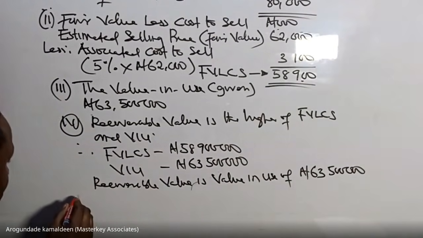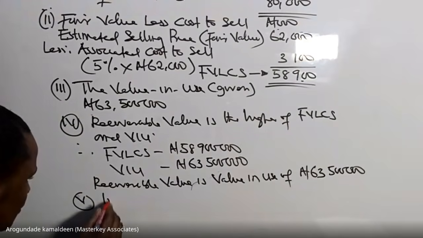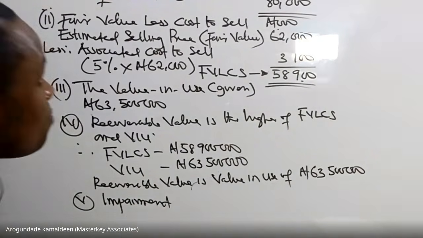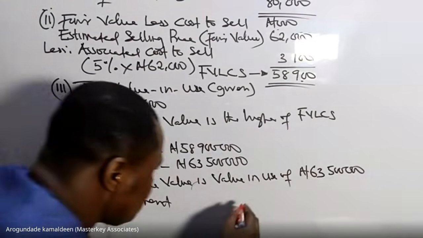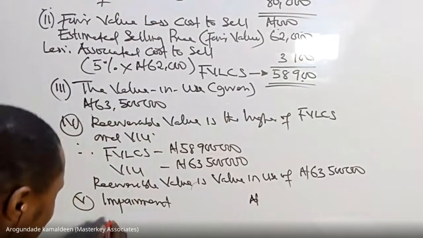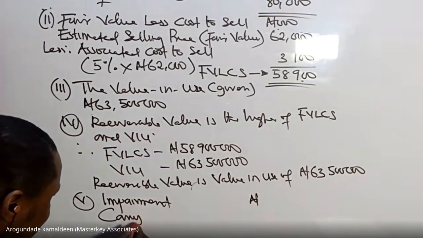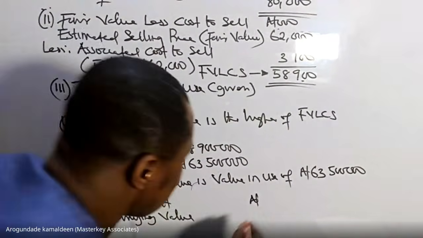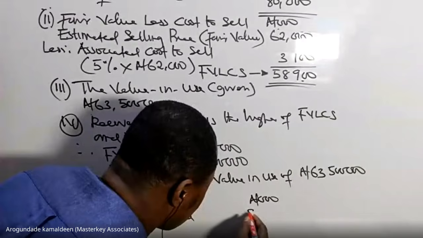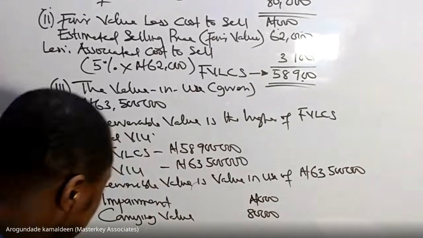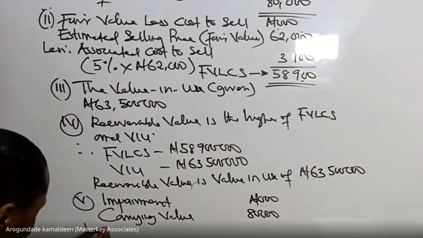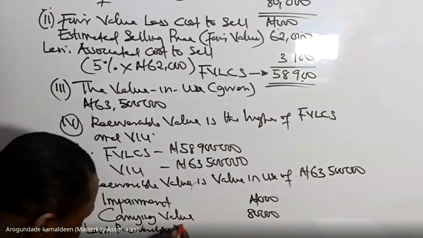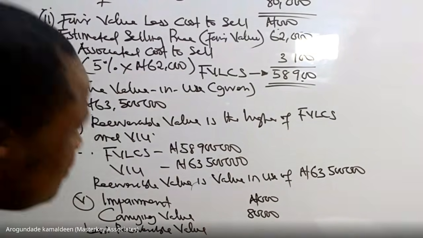So impairment now, the fifth. The carrying value is 80 million less the recoverable value.